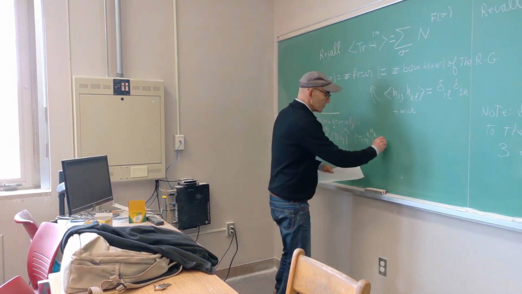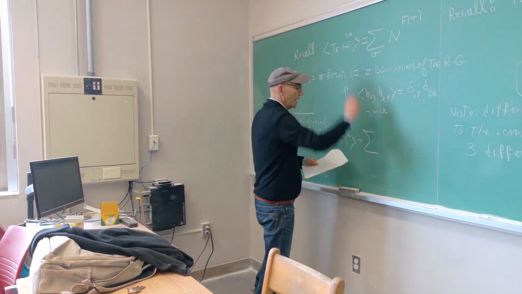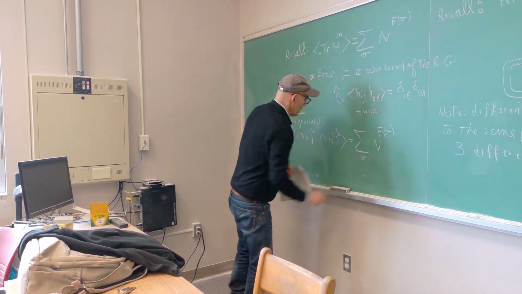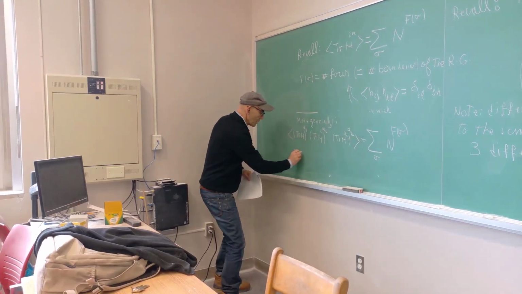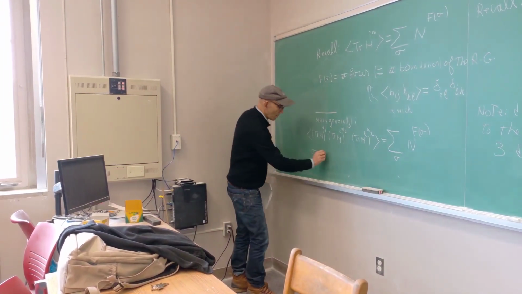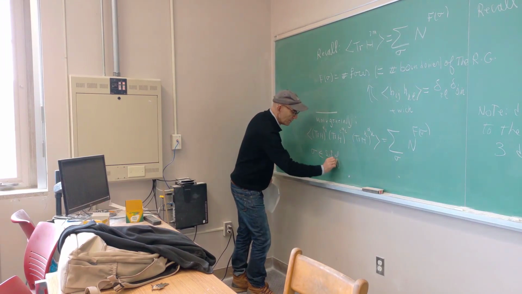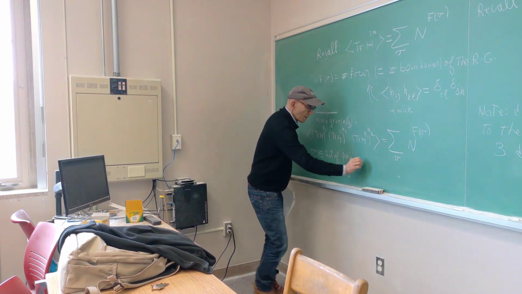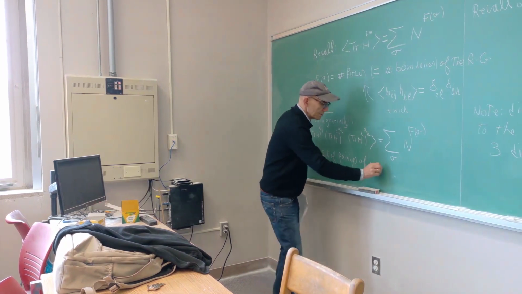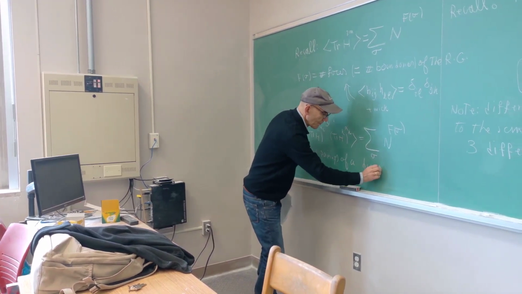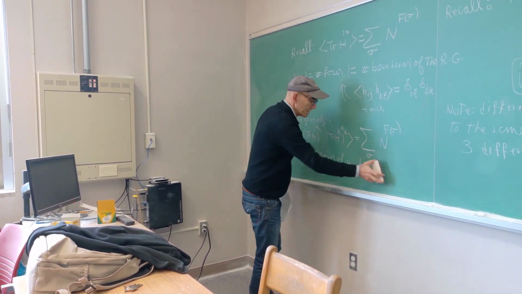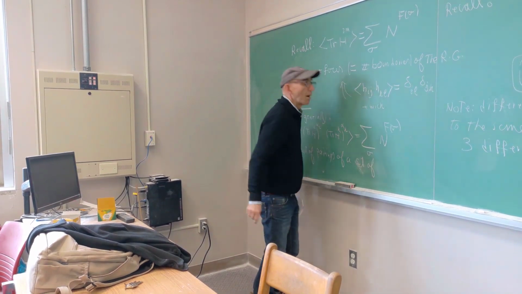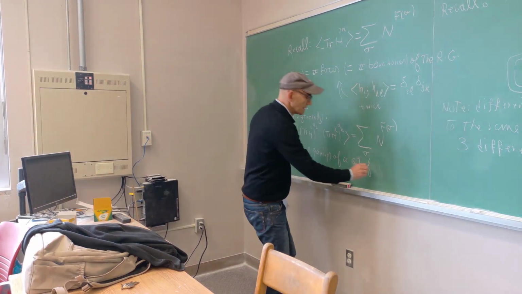So again, we can just write the sum over sigma of n to the power f of sigma, over sigma. Now this time sigma belongs to the set of pairings, not necessarily connected, of a set of bands.